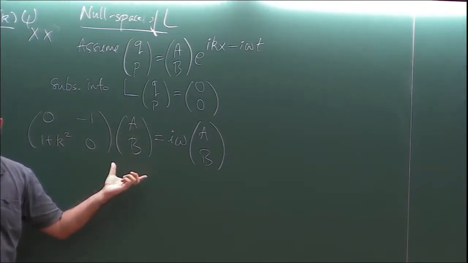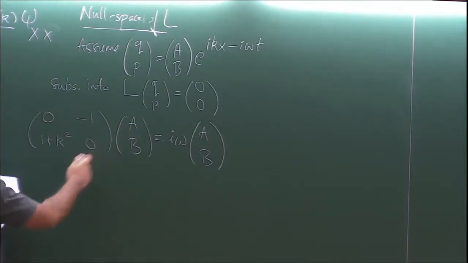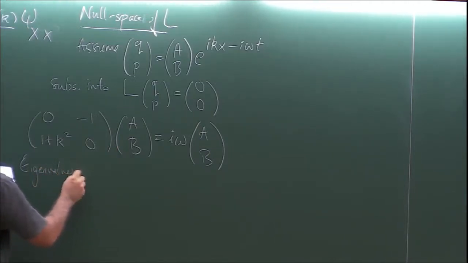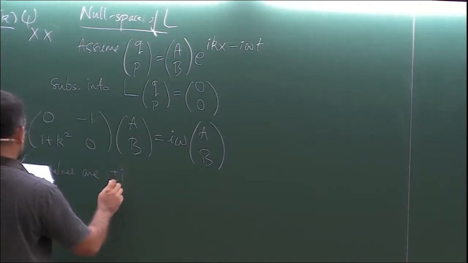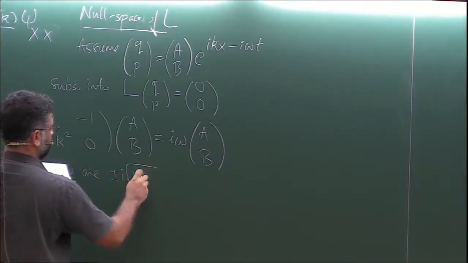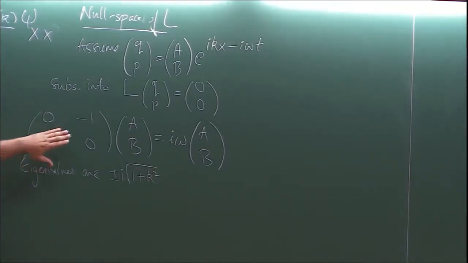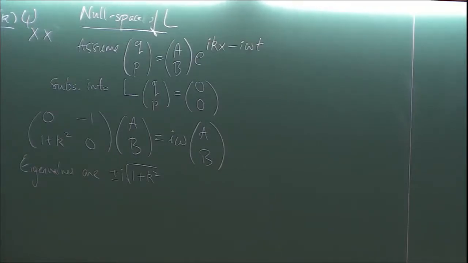AB is the associated eigenvector. All right? So it's not too hard to show then that the eigenvalues are plus or minus i square root of 1 plus k squared. Just look at that matrix and figure out what its eigenvalues are, and then equate. You'll get 2 possible choices, so that's why I get the plus or minus.